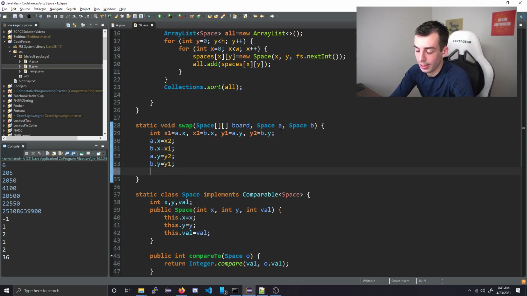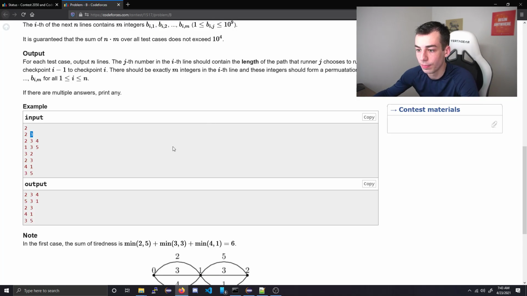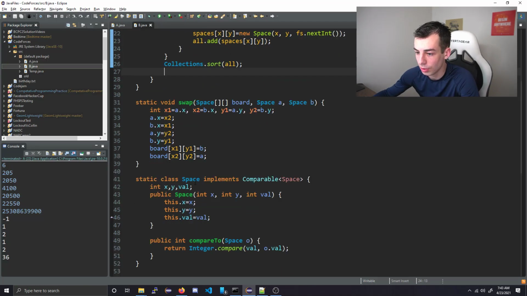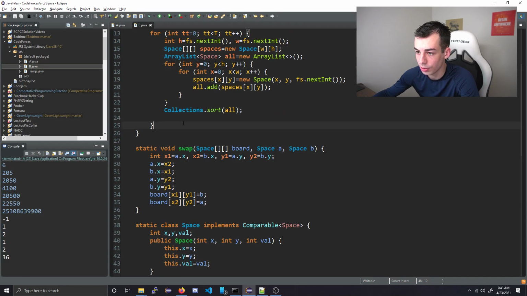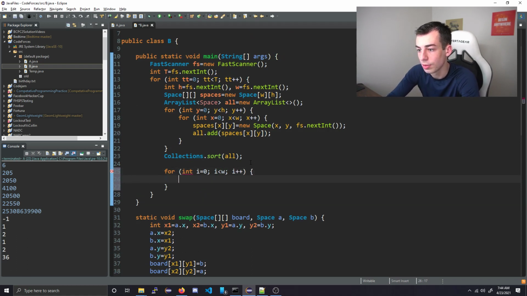All right, now we need to actually set them. So board at x1, y1 equals b, board at x2, y2 equals a. All right, and then I guess we need to print them. All right, so now for int i equals 0, i less than width, i plus plus.